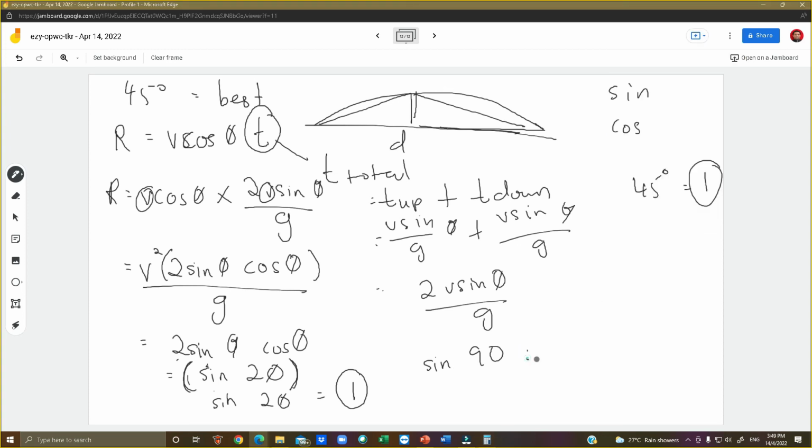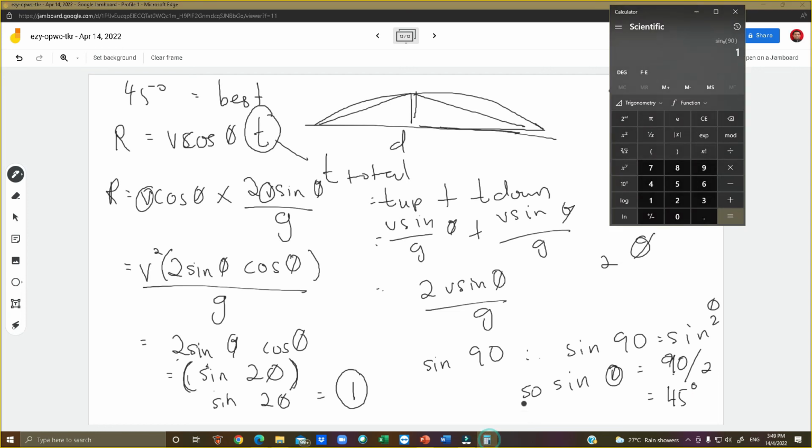So, if sin 90 ialah sin 2 theta, okay, so theta sama dengan berapa? Kalau sin 2 theta, 2 theta ni maksudnya 2 kali certain angle, ialah 90. Means, kalau theta saja, it will be 90 bahagi dengan 2. Means, you're going to get 45.